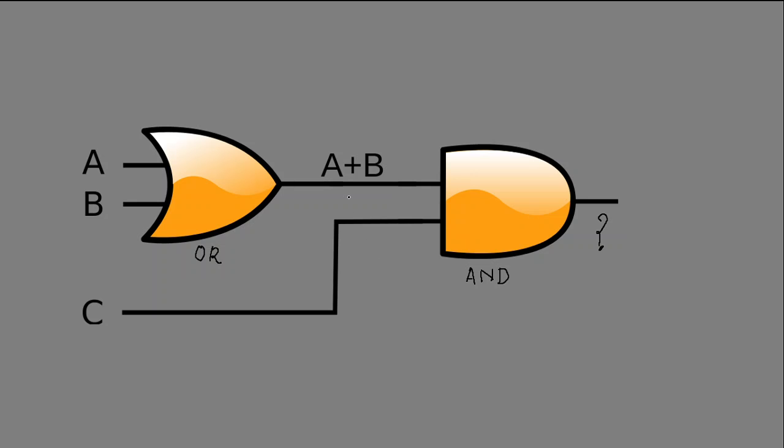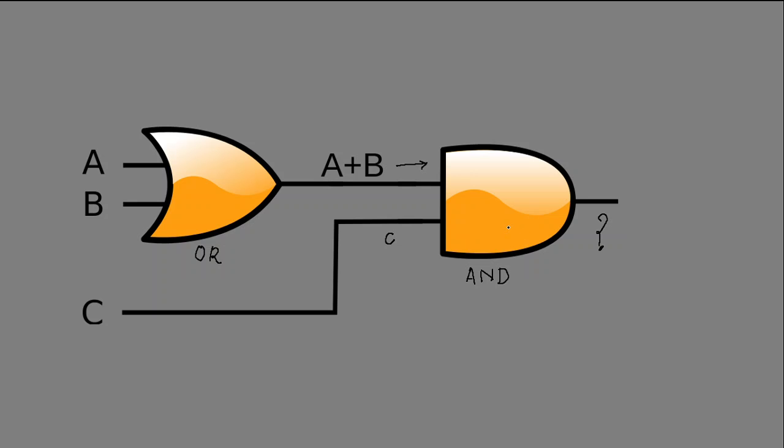Therefore the output of the OR gate will be A plus B. Now this output of the OR gate is acting as an input of the AND gate, and another input of the AND gate is C. So these two inputs are now given to the AND gate.